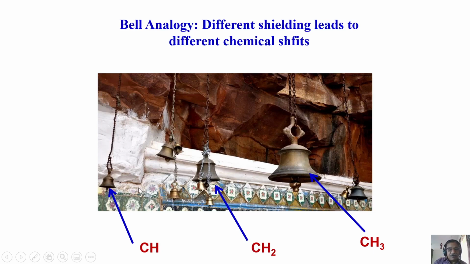And I come back to this one. This is even smaller than this. This also has a nucleus and charge distribution. Very simple comparison to the spectrum I showed before. This is CH3, more shielded with three protons, comes at high field. Then comes CH2 and then CH in the same order. It's a fantastic analogy to say how different shielding leads to different chemical shifts.